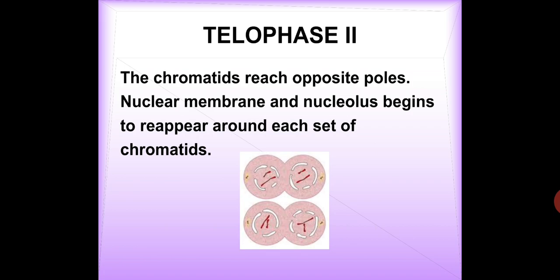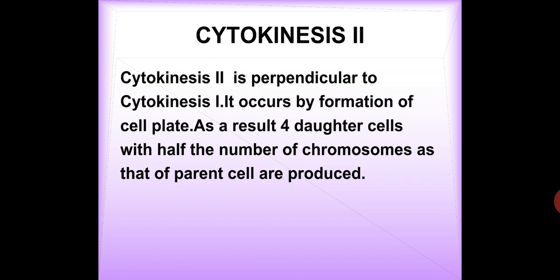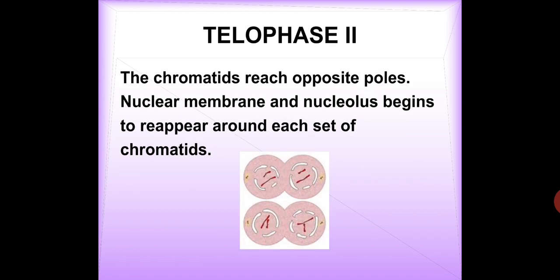Nuclear membrane and nucleolus begin to reappear around each set of chromatids.